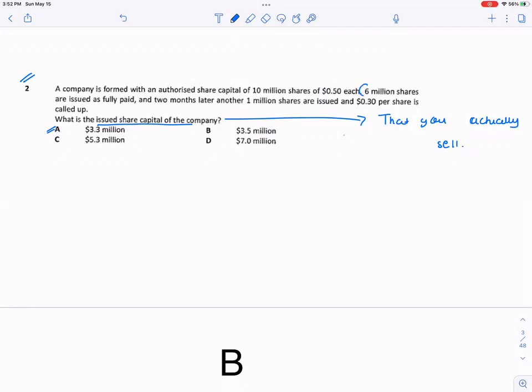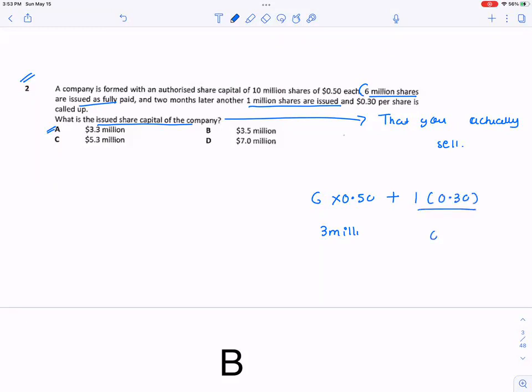Then the shares were issued as fully paid, which means they paid the full amount, so this comes to 3 million. Then we multiply 1 million with 0.30 and get 0.3. After 2 months, 1 million shares were issued at 0.30.